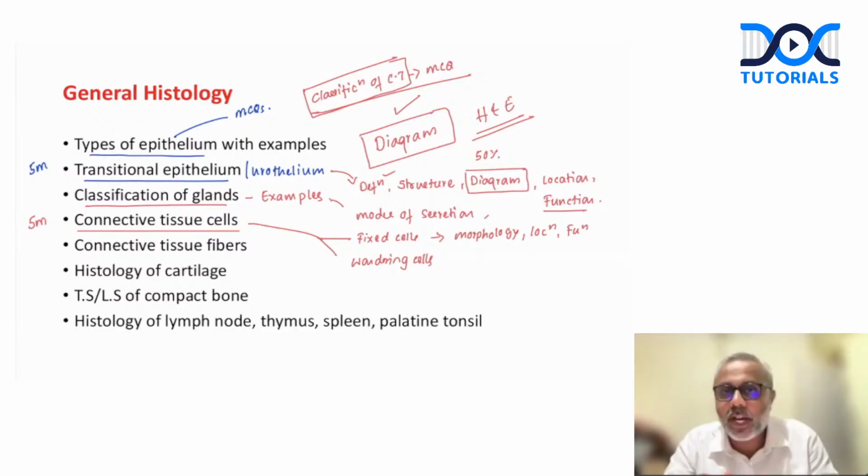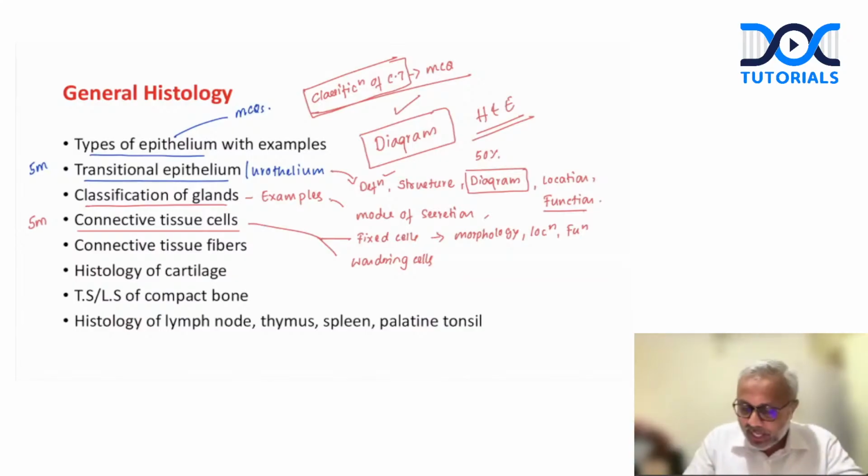There is no use in writing gross anatomy or embryology when histology is asked directly. So please focus on learning the microscopic structure, not the gross anatomy. Then wandering cells: what is the name of the cell? What is its morphology? Where is it located? And then what is its function?